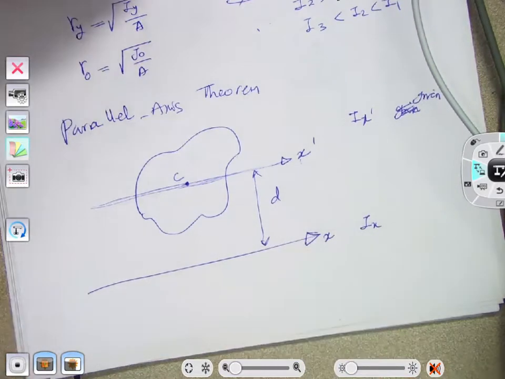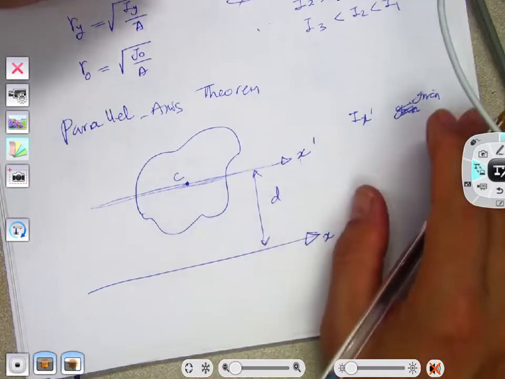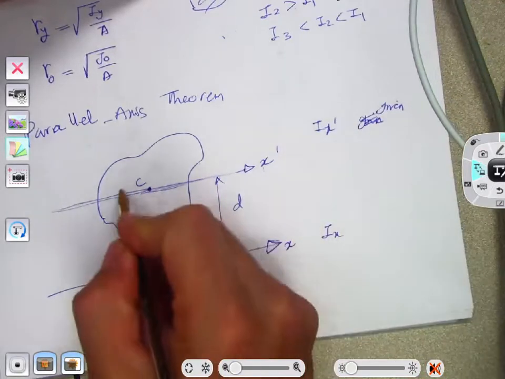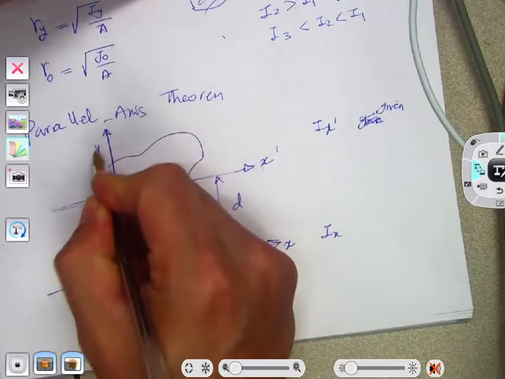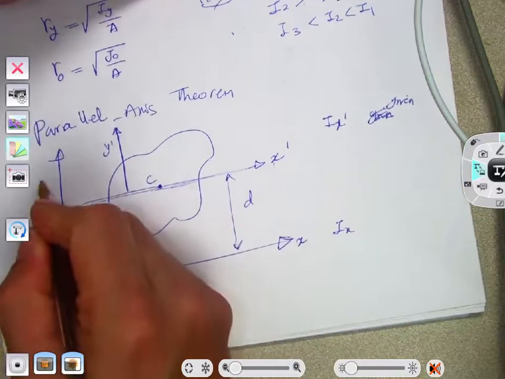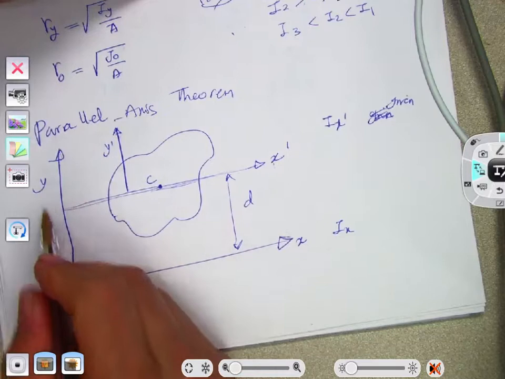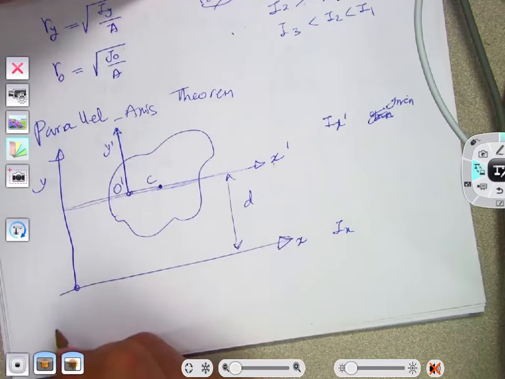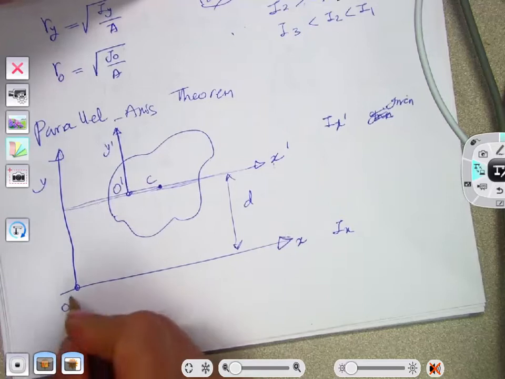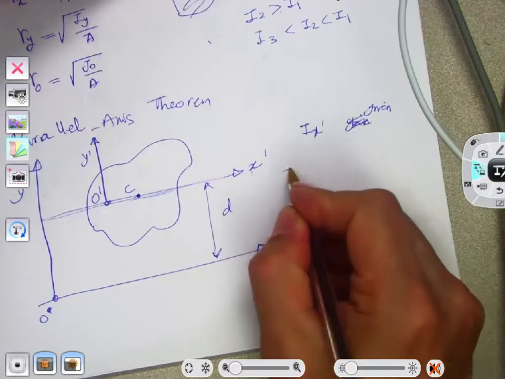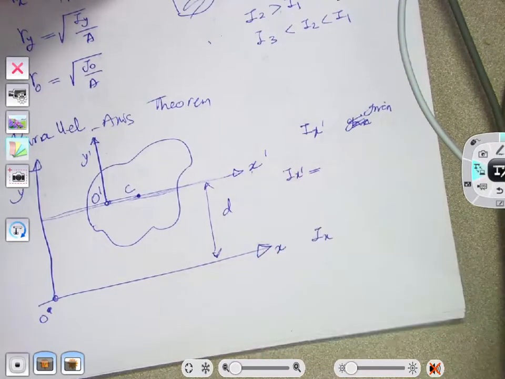Alright, so how do I do that? Let's define a coordinate system here, x prime, y prime, and then I'm going to define another coordinate system, x and y. Let's say the origin of one is O prime and the other is O. And by definition, what is Ix prime?